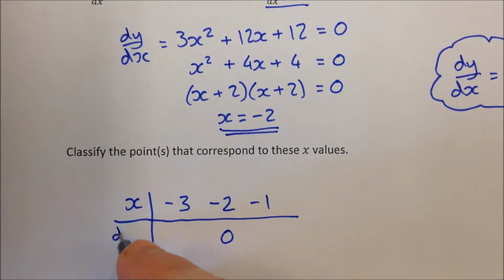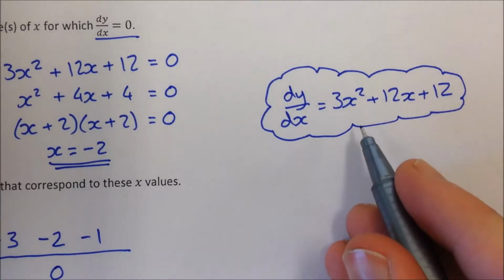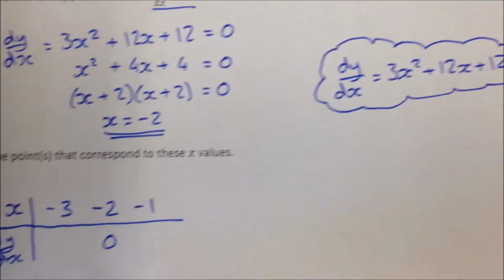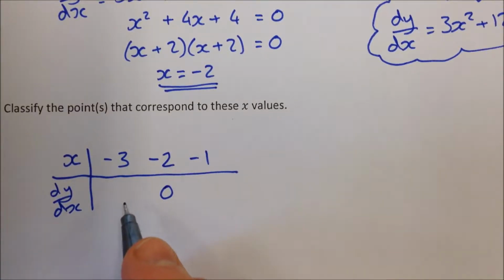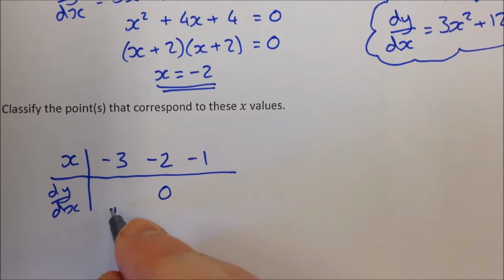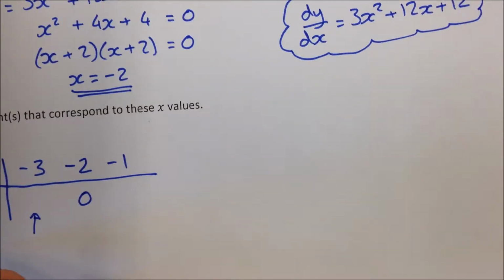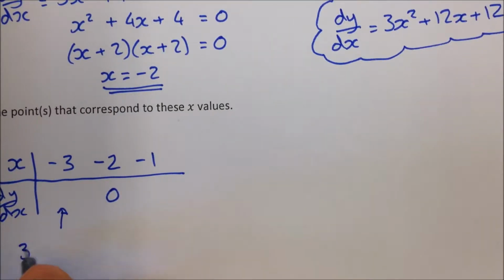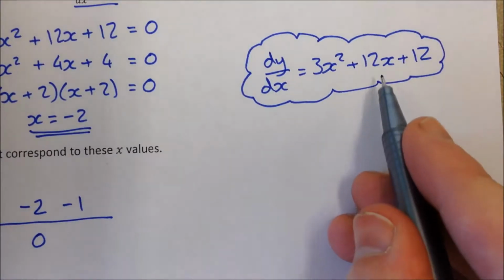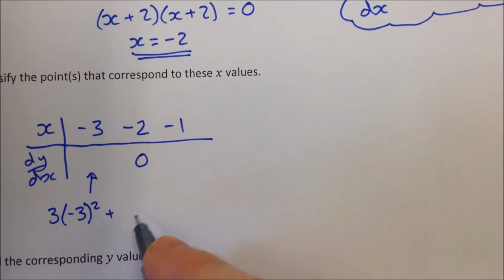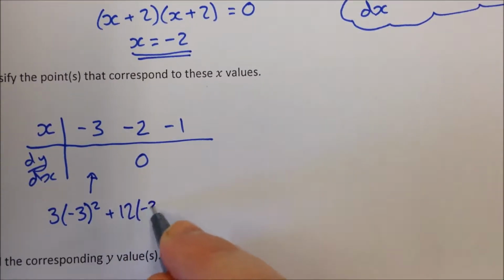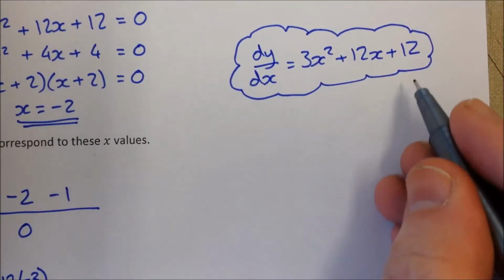Now, remember I'm working out dy/dx, and I said I would need to come back to this formula. This is the formula I'm going to use to figure out what these things are here. So for this one here, I'm going to do 3x squared, 3 lots of negative 3 squared, plus 12x plus 12.